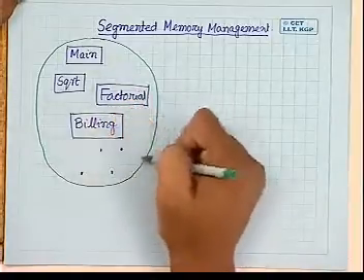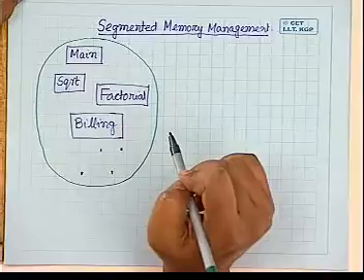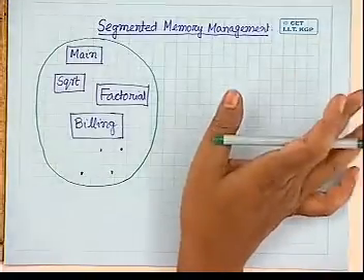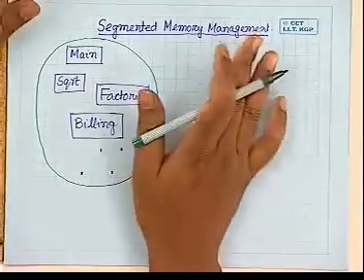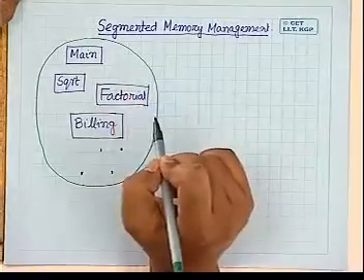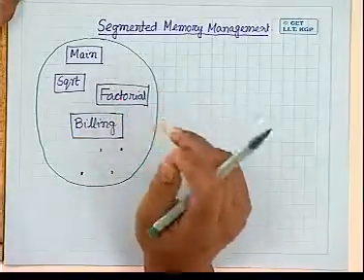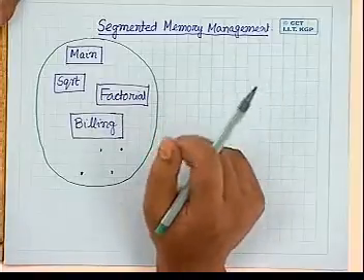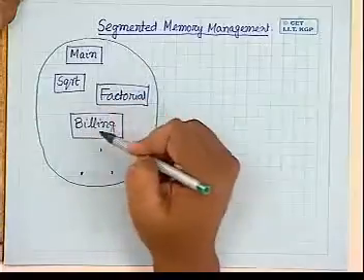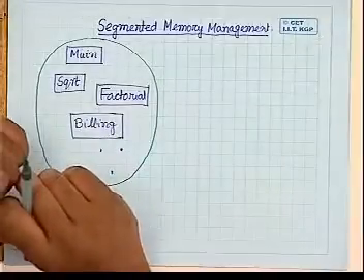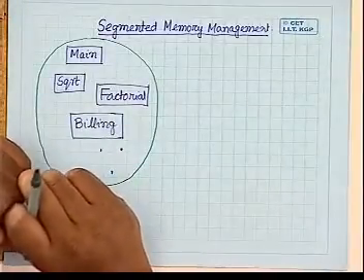So effectively what we are doing is breaking this logical address space into a number of segments. Unlike in the previous case where we call them pages, of the same size, in segmented memory management we break the program into segments, which can be of different size.